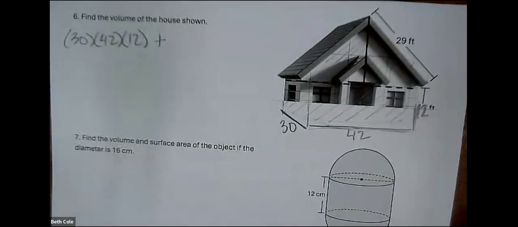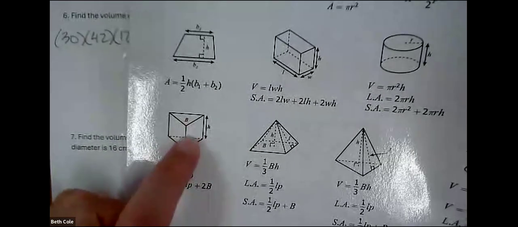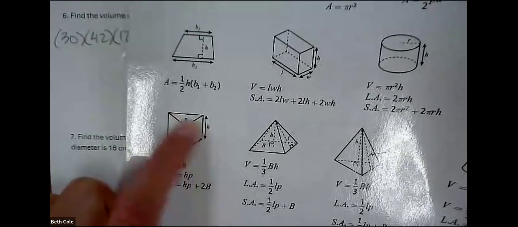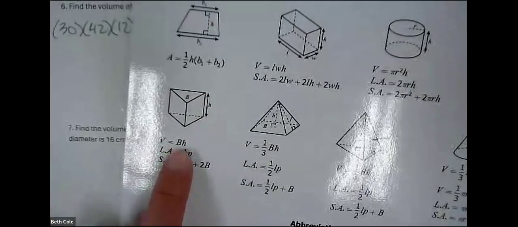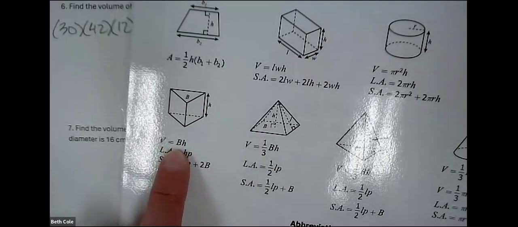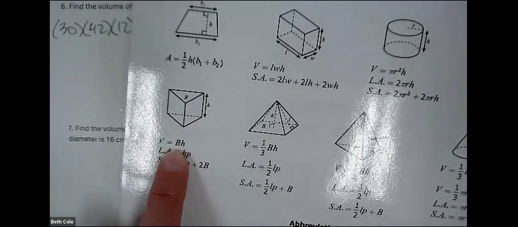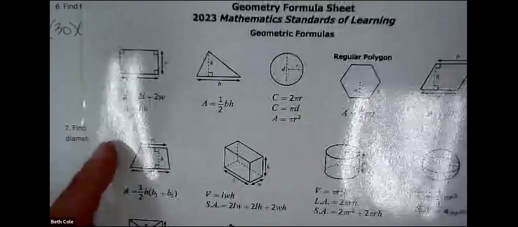Plus, now we're going to add the top part, the triangular part, like the roof. If you look at your formula sheet, that's this one, the triangular prism. It looks kind of like a wedge of cheese. The volume is capital B times the height. Capital B is the area of that shape, which is a triangle. Find your triangle on your formula sheet.